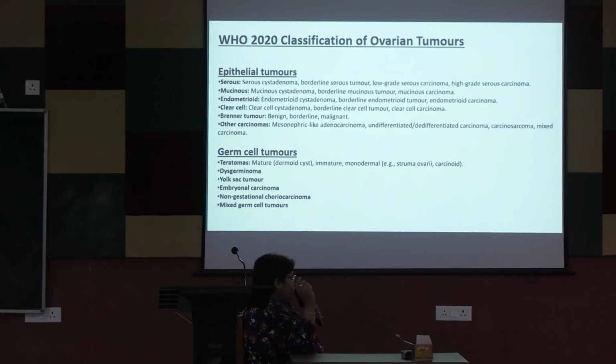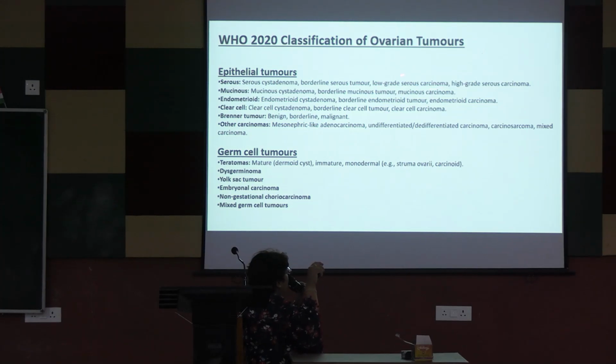So the WHO classification as per WHO 2020. The serous tumors include serous cystadenoma, borderline serous tumor, low-grade serous carcinoma, and high-grade serous carcinoma. So the serous tumors may be serous cystadenoma, this is absolutely benign. Borderline serous tumor, this is borderline, and these are malignant carcinoma.